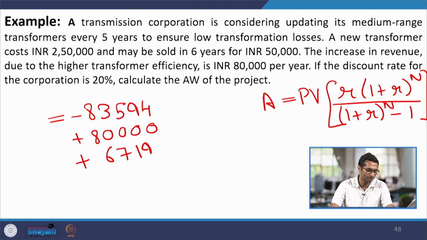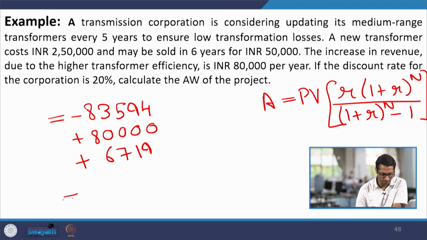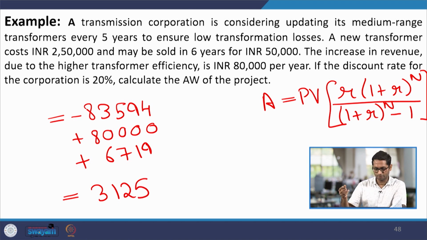I add these three values together, and the final value that I get is around 3125 rupees per year, and it comes out to be positive, and I can go for this project. If this was to be negative, I would not have been in favor of this project.